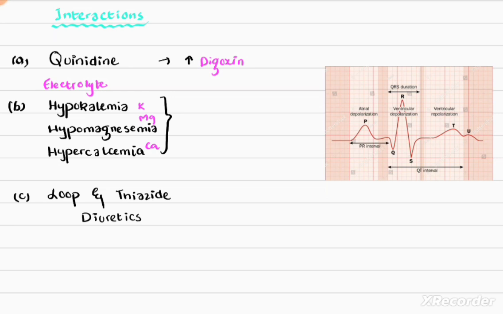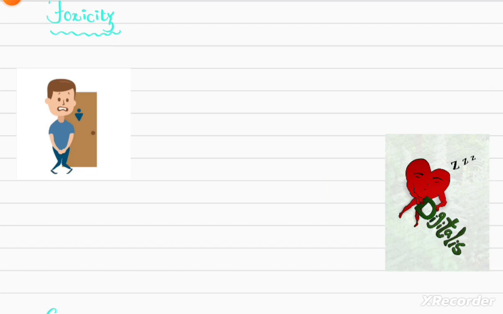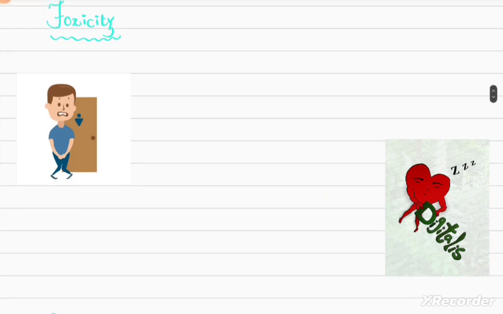The patients who are on loop diuretics, which is very common in the setting of heart failure, we need to remember that these diuretics cause a decrease in the level of potassium, and when the potassium is decreased, the toxicity of digoxin is increased. So if the patient is on any loop diuretic along with digoxin, we need to monitor the levels of digoxin in the body. The toxicity of digoxin is basically the direct extension of its therapeutic effect.